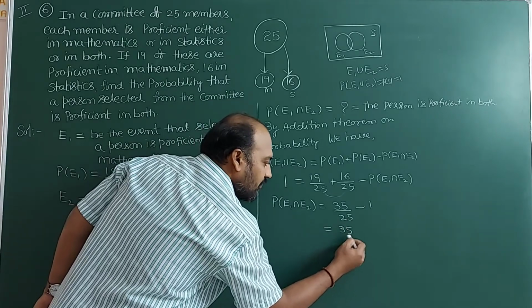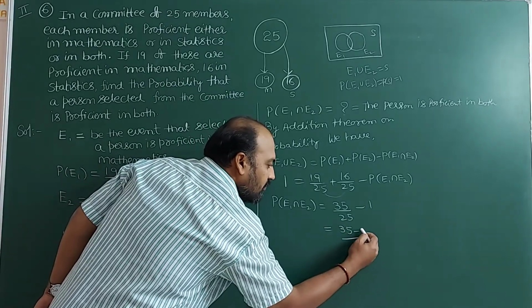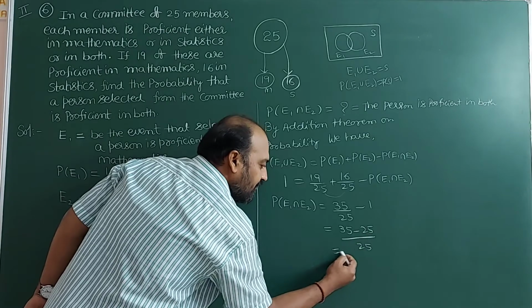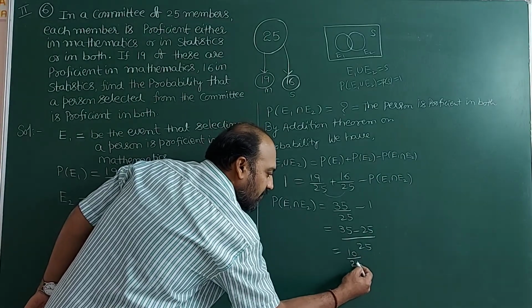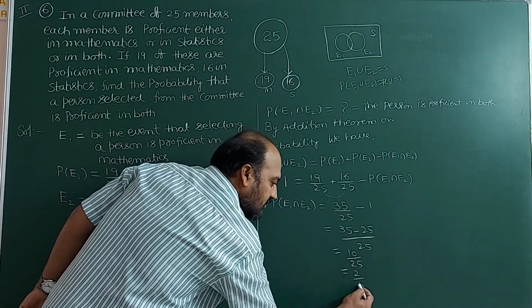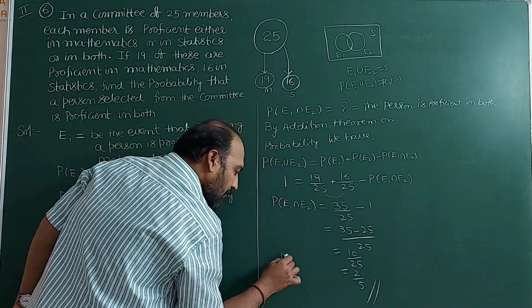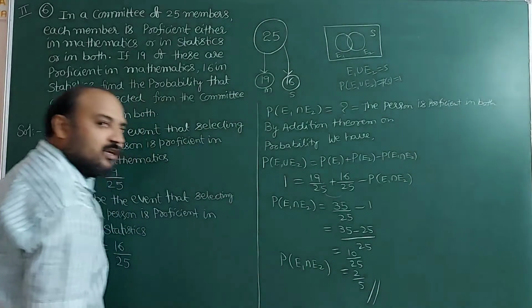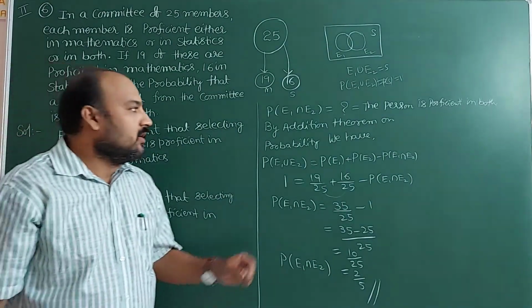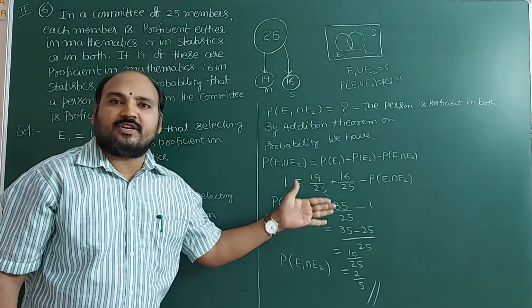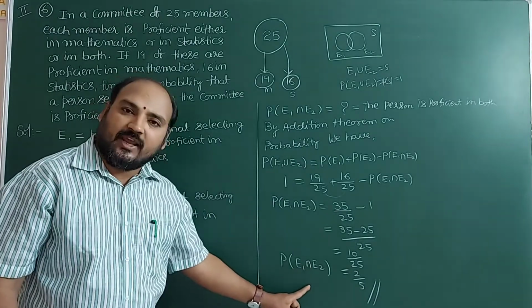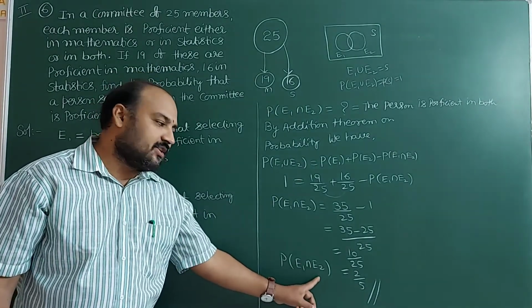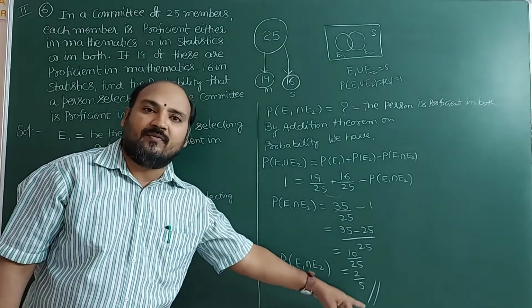So 35, take LCM here, 25. 35 minus 25, which is equal to 10 by 25. So 5 2s are 10, 5 5s are 25. Therefore, the probability of the person who is proficient in both mathematics and statistics, P of E1 intersection E2, is equal to 2 by 5.